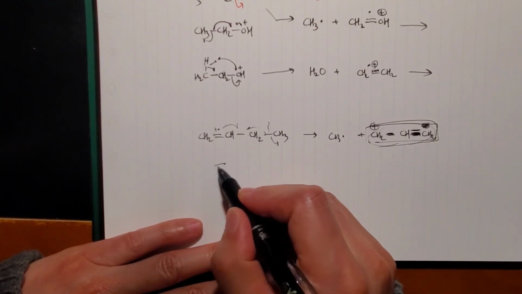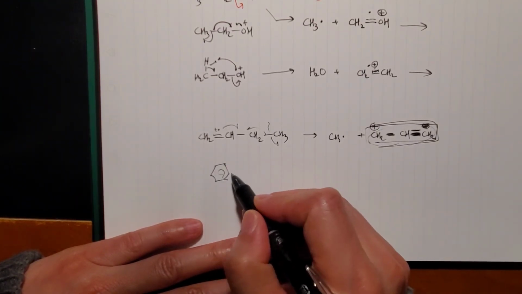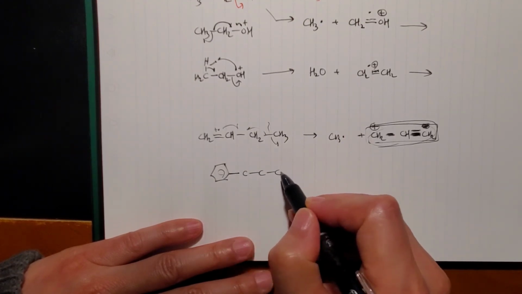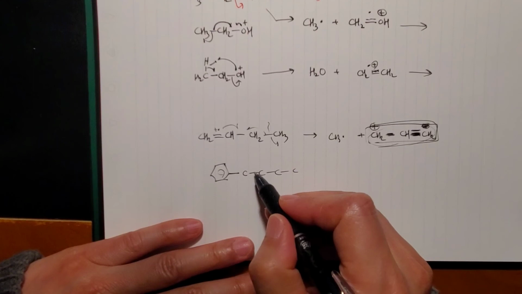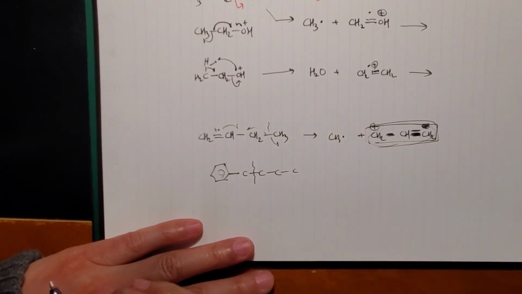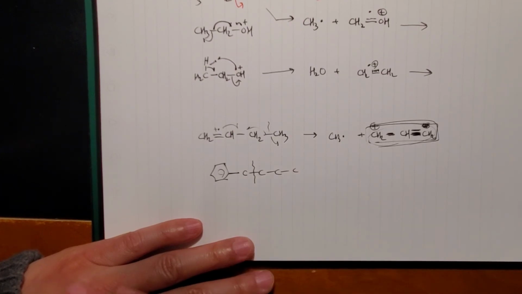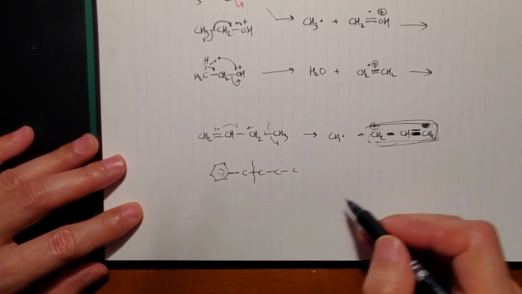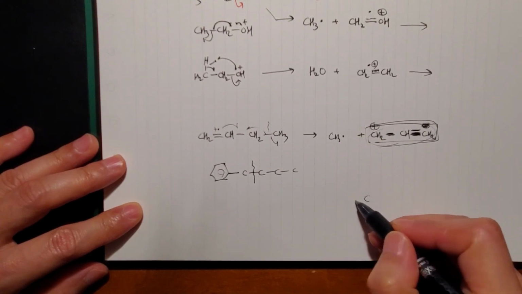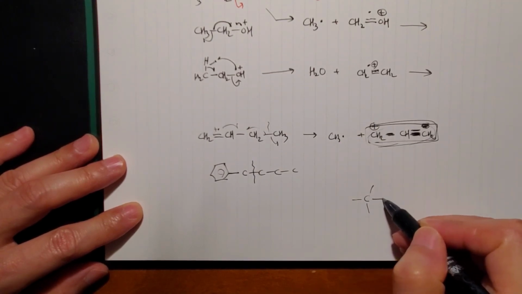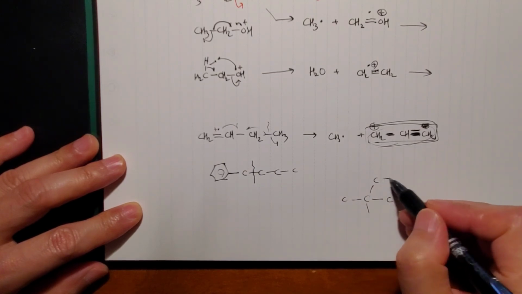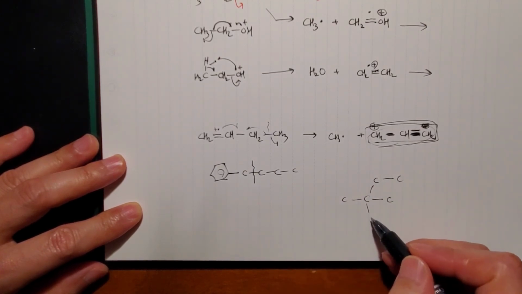Same for the benzene. If you have a benzene ring and you have a chain, most likely you're going to break there instead of here. And if you have a sigma bond alkane molecule only, something like this, right?